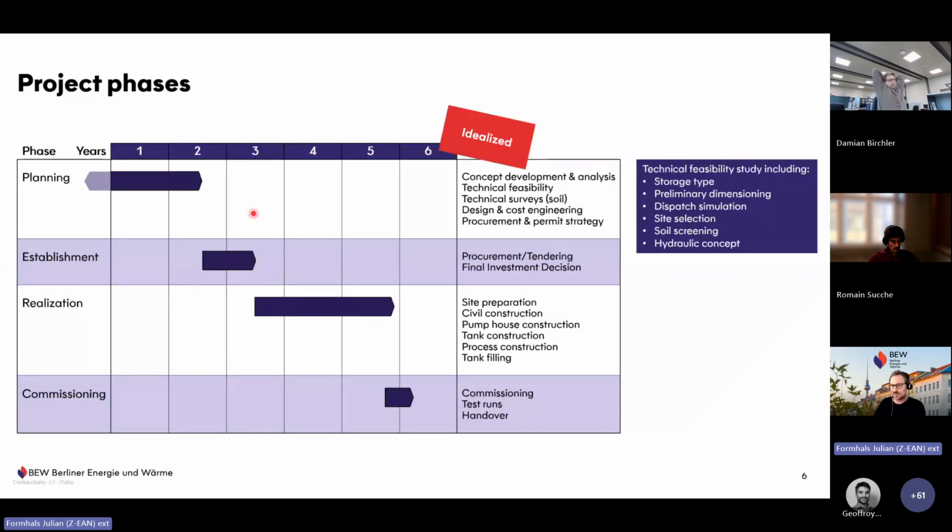The start, obviously, is the concept development and the analysis, which is what my department does. So we look at our power plant sites and see how to develop them further, how to replace old plants that go out of work. Usually you have the site selection as well.